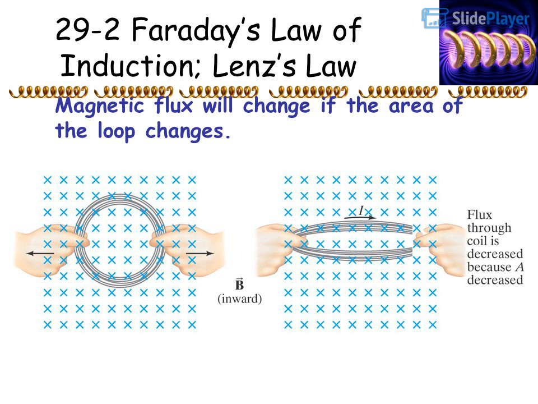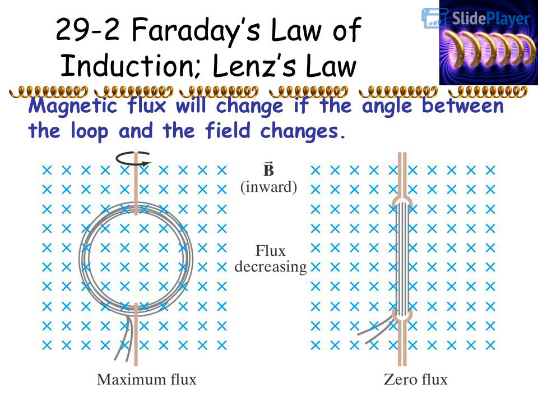The flux through the coil is reduced as we go from A to B. Here the brief induced current acts in the direction shown so as to try to maintain the original flux, Φ equals BA, by producing its own magnetic field into the page. That is, as the area A decreases, the current acts to increase B in the original, inward, direction.